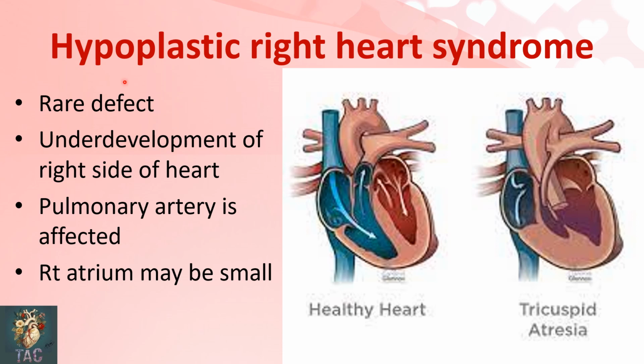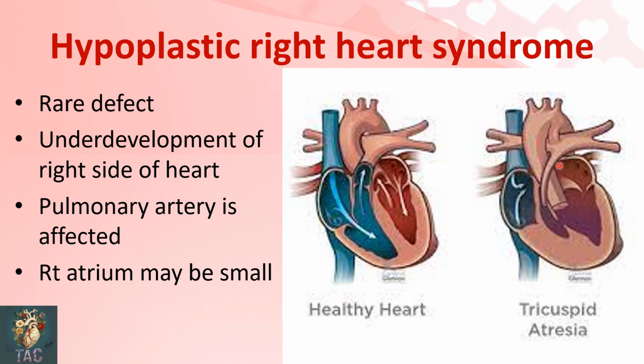Next is hypoplastic right heart syndrome. Hypoplastic means there is underdevelopment of the right side of the heart, and it is again a very rare defect. In this diagram, you can see the healthy heart, the right atrium, the right ventricle, left atrium, and left ventricle. In this condition, there is underdevelopment of the right side of the heart.